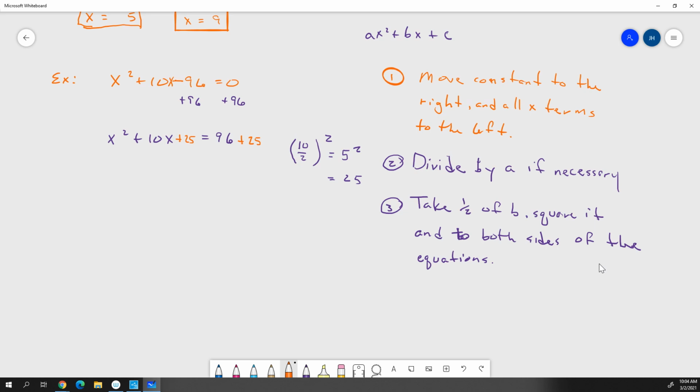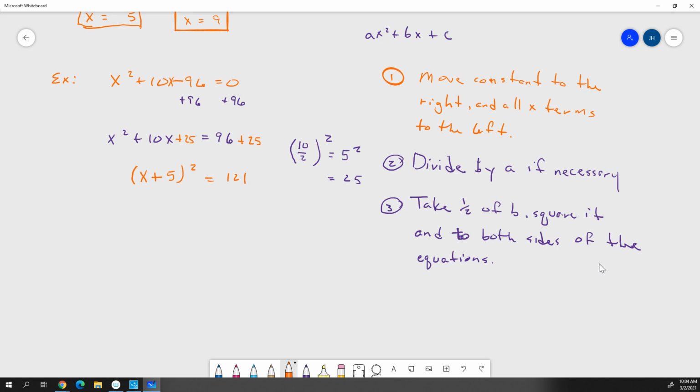What it gives me is this perfect square trinomial like we had in the first place, which means that I can write this as the square root of this term, which is just x, right? Because it's x times x that equals x squared, plus the square root of this piece, right? Square root of 25 is just 5. And then I square that, equals 121.